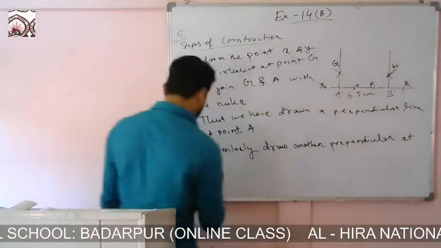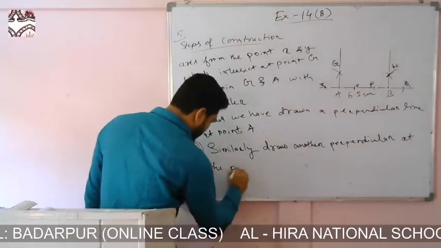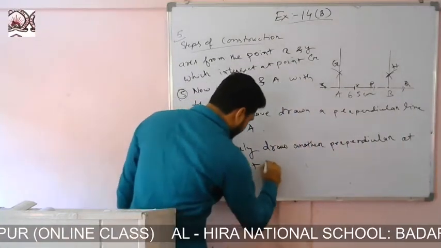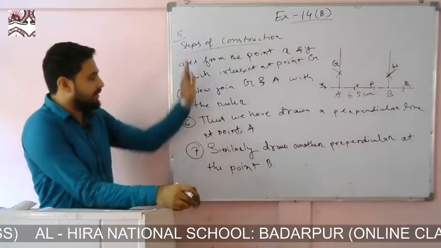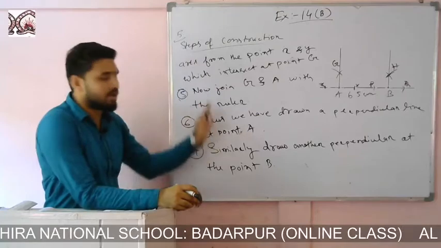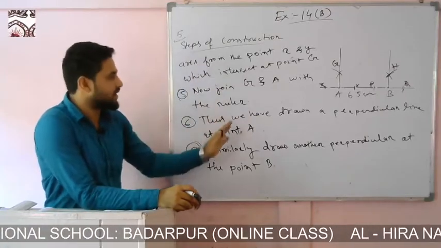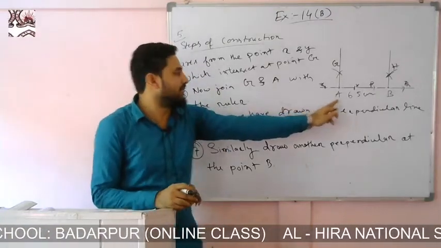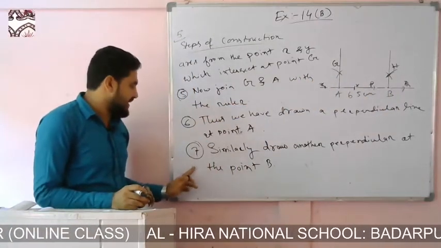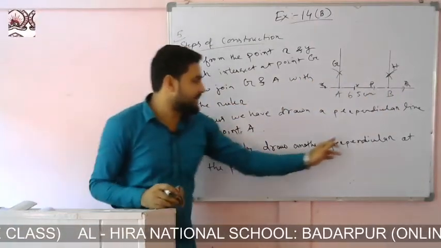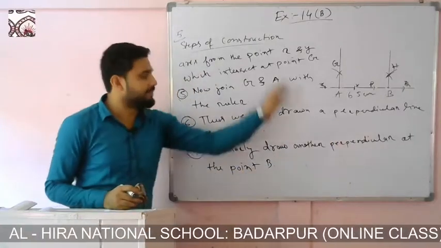Whatever we have done at A, we have done at B also, so no need of repeating, otherwise the steps will become more. So write number 7: similarly, draw another perpendicular at the point B.